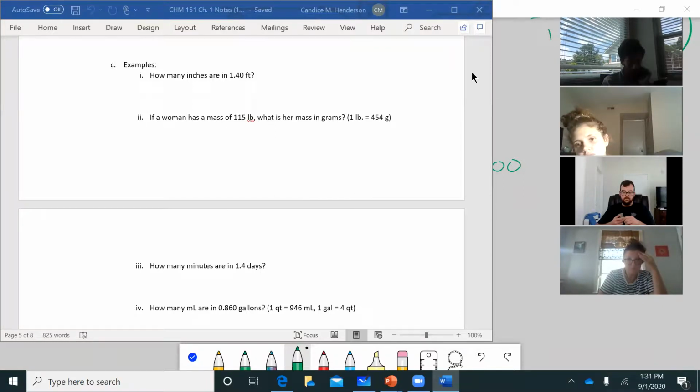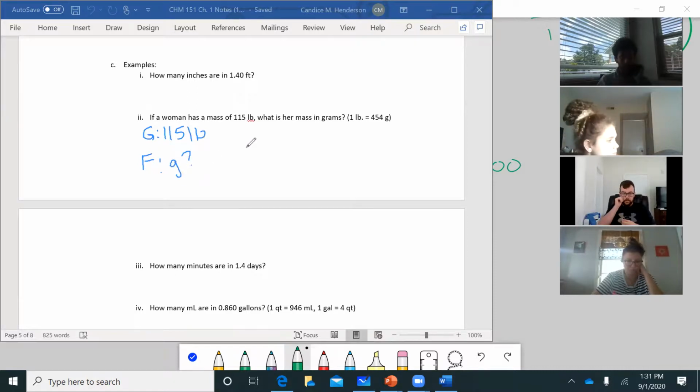Okay, so let's look at this first one. If a woman has a mass of 115 pounds, what is her mass in grams? So we know our given information is 115 pounds. Our find is grams. So there's my conversion factor for me.